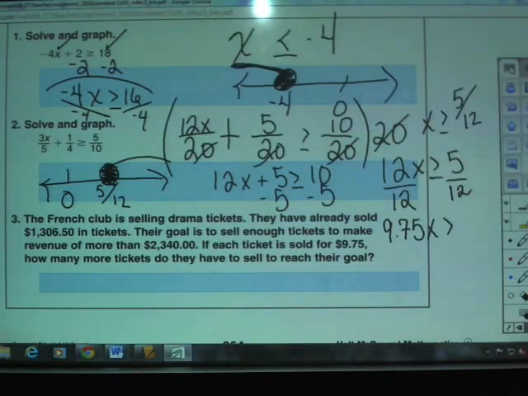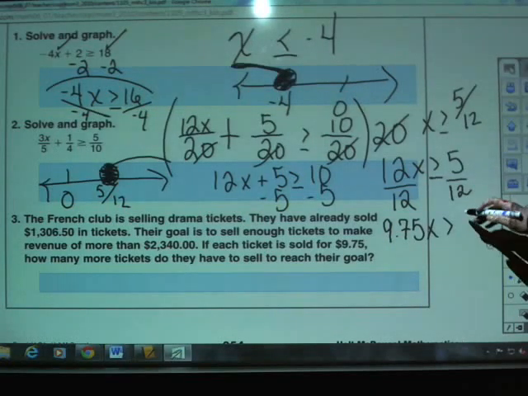So all we have to do is figure out how much more they need in terms of ticket numbers to reach their goal. So if we do a quick little bit of subtraction there, $2,340 minus the $1306.50 they've already sold means to reach their goal, they only need to sell $1,033.50 more.